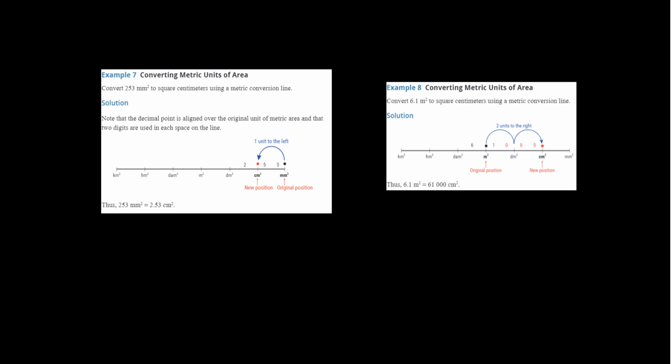We go from 253 square millimeters to 2.53 square centimeters. Much the same, if we convert 6.1 square meters to square centimeters using the metric conversion line, we're going from meters to centimeters, so we move the decimal 2 units to the left, and we end up with 61,000 square centimeters.